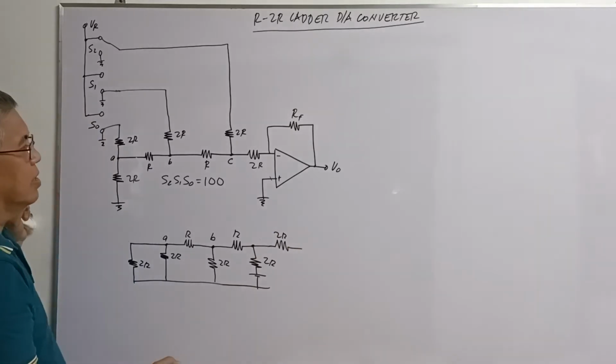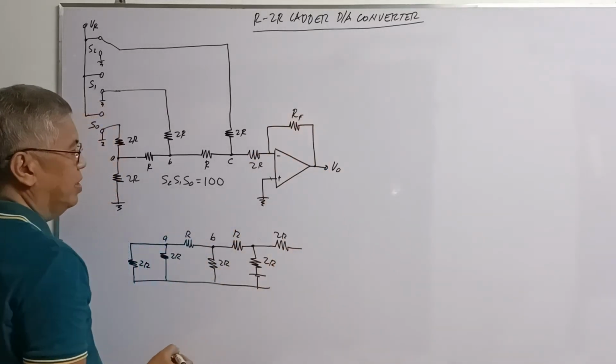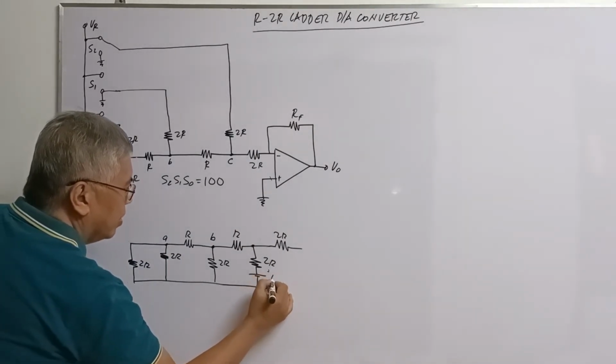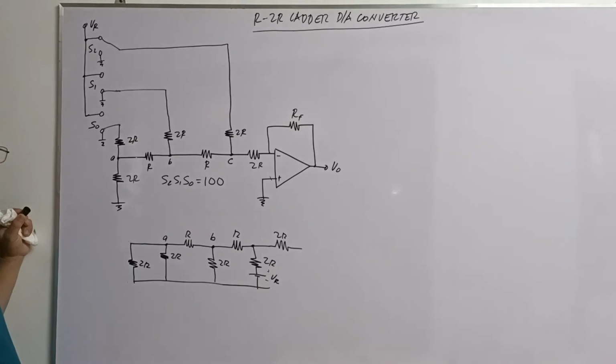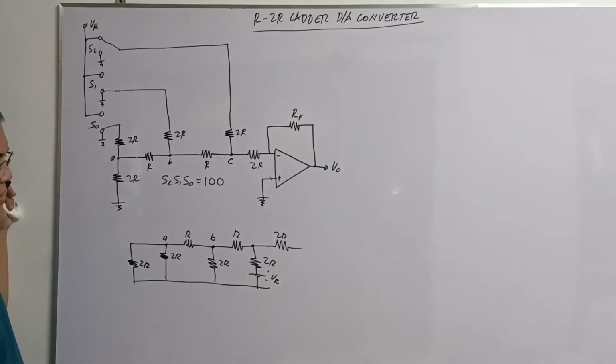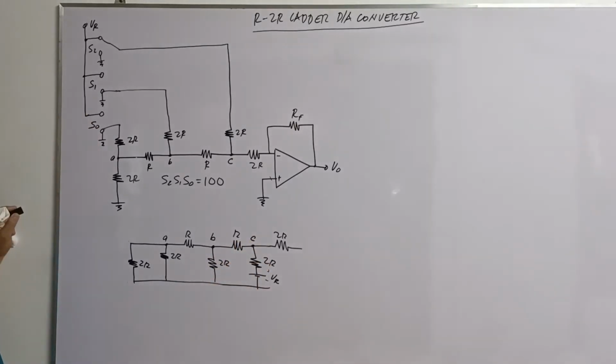Again, as I said earlier, let us disconnect this part of your circuit. So this will be your VR, which is connected here. This one here is point C.